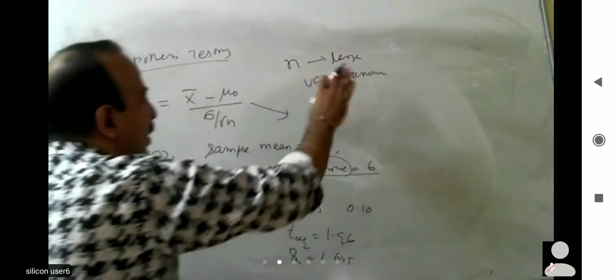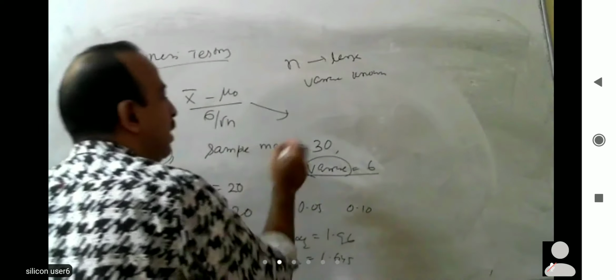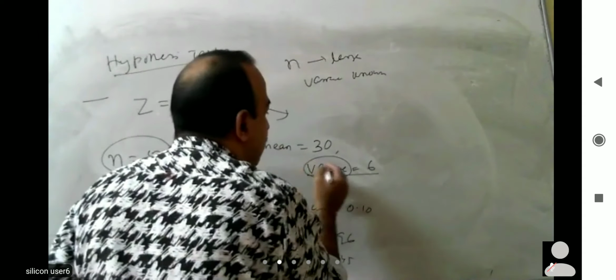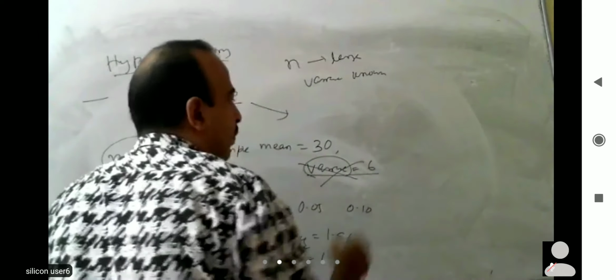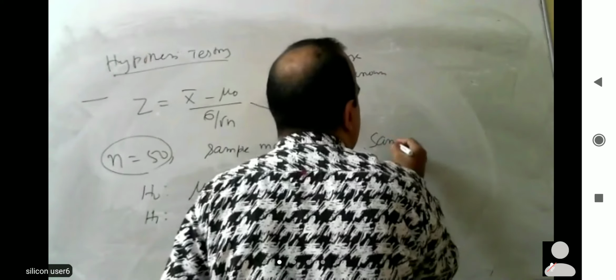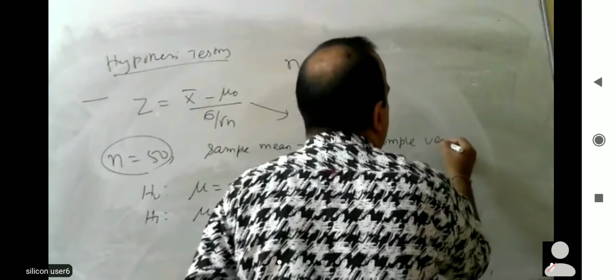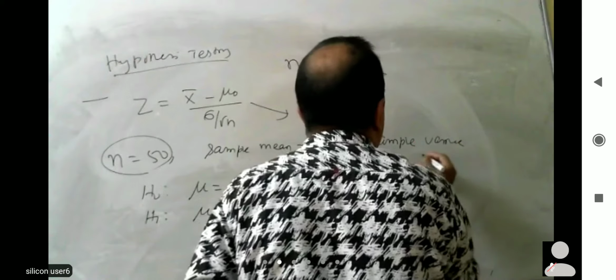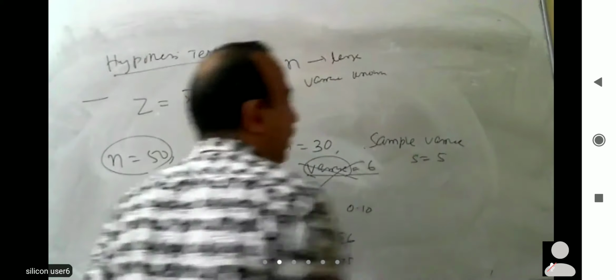Okay. Suppose the same thing is given: a large sample with mean 30, but the population variance is not given. The sample variance is given, suppose the sample variance is equal to 5. Then also you use the Z test. Clear?